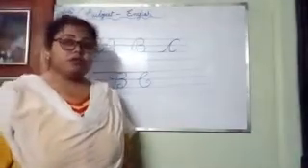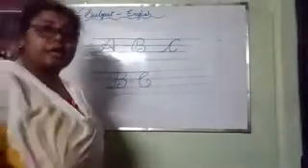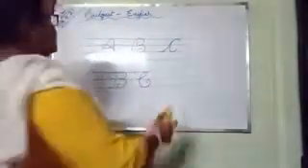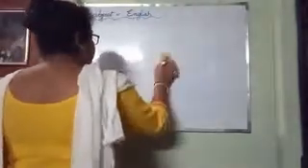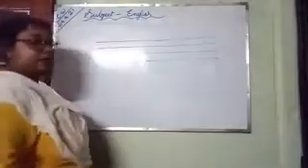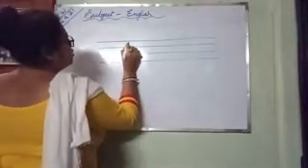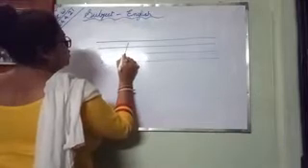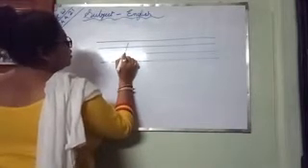Now today you will learn how to write capital letter D. This is your 4 line. We will write in between the 1st, 2nd, 3rd line. And from here at the top you will write, bring a line up to the 3rd number line.